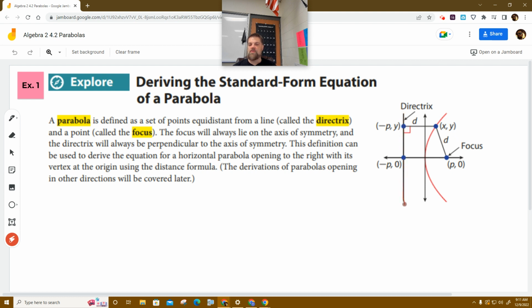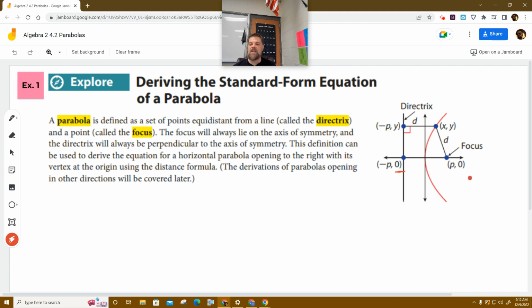Now, these values, how far the directrix is over, we'll talk about the relationship. And so we're going to derive a formula that kind of mathematically puts all these things together. So you're going to have a negative p-value, a negative p-value, a positive p-value, right? And that's referring to these x values, okay? So whatever this x value is, you're going to have that negative x value over here, all right?